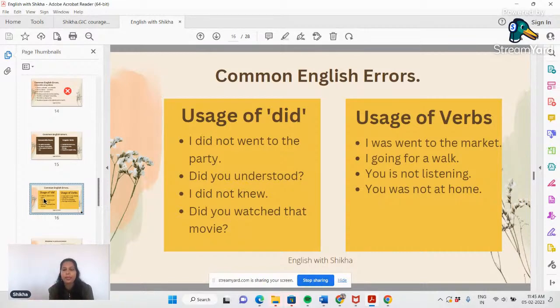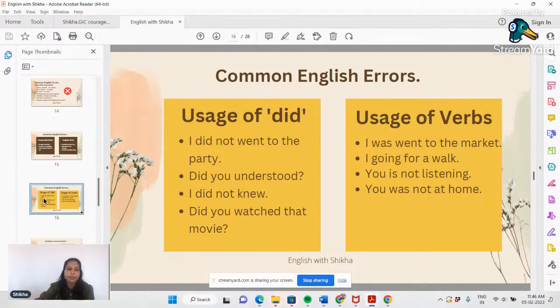So you have to keep in mind whether you are talking to a single person or a group of people, for both situations, when you are using the subject "you", the verb which comes with it will be in its plural form, that is are, were, have.